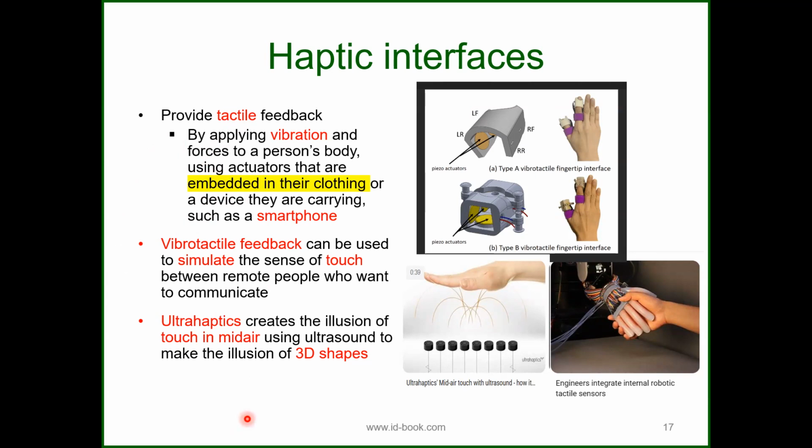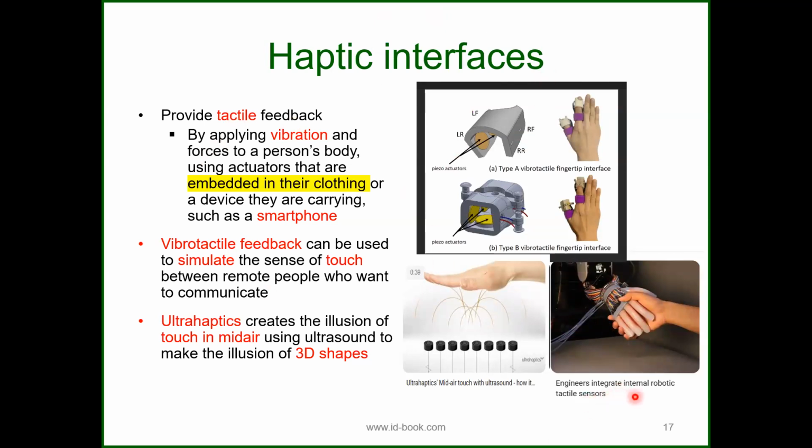At that time, the belt vibrates to make him awake. So this is called haptic feedback. They provide tactile feedback, which consists of vibrations or sense of touch, or touch in the mid-air. So these types of things are created.